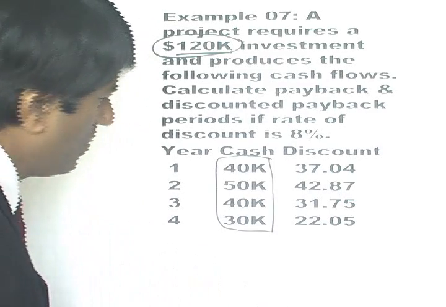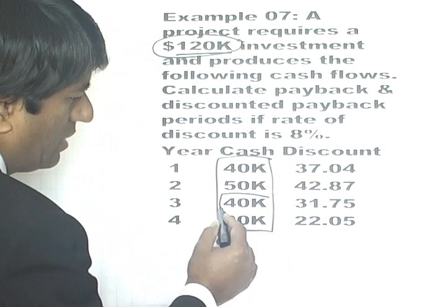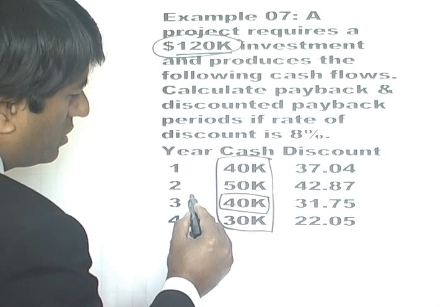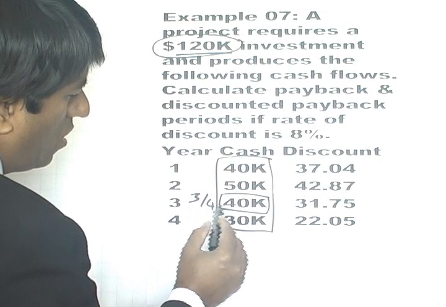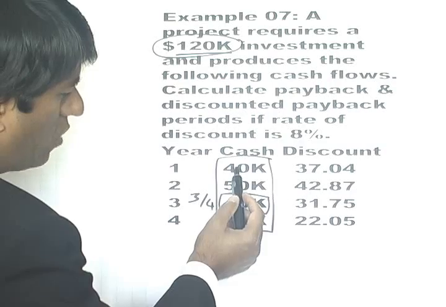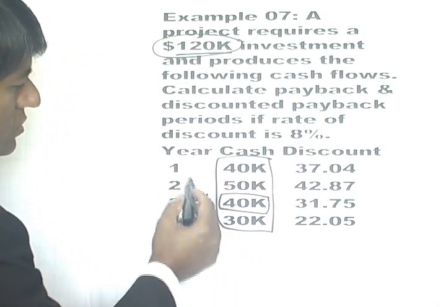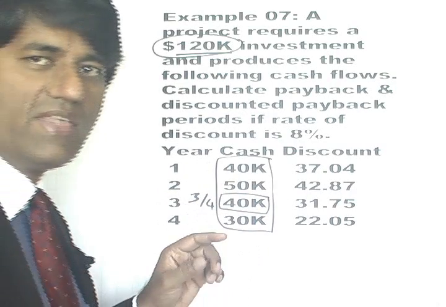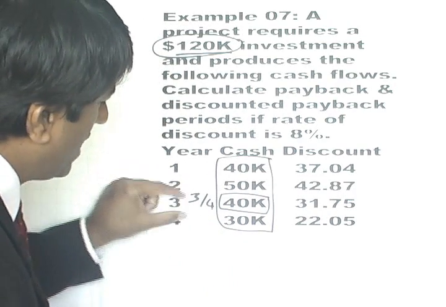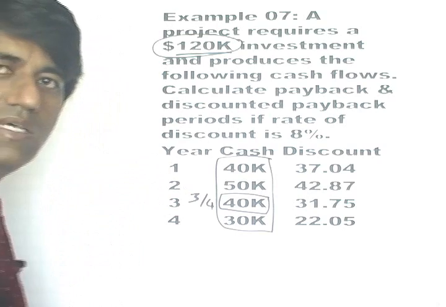And what is it exactly? Well, you take a fraction of the third year which will give you exactly 120. So 3/4 of 40,000 is 30,000, and 30,000 plus 50 plus 40 is 120,000. So you say that this 120,000 investment is paid back after 2 years and then 3/4 of the third year.